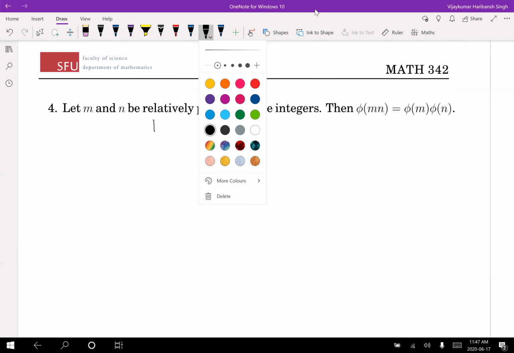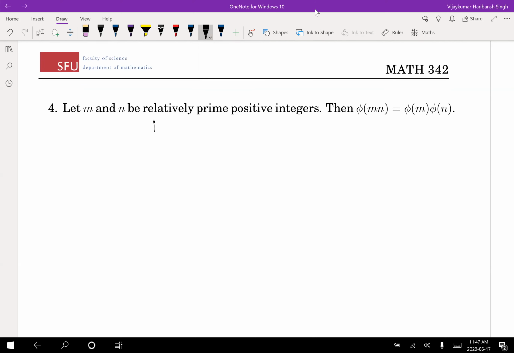So we have 1, 2, 3, 4, dot dot dot, r, dot dot dot, m. Then you have m plus 1, m plus 2, m plus 3, m plus r, then you have 2m.